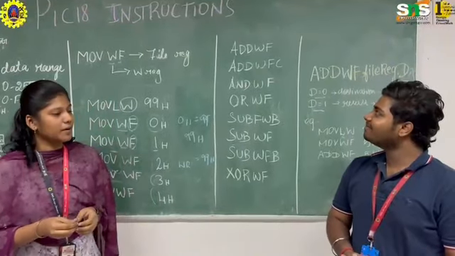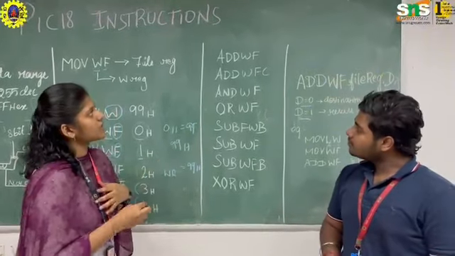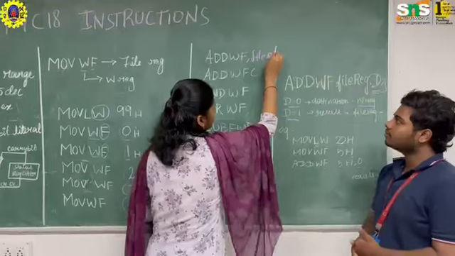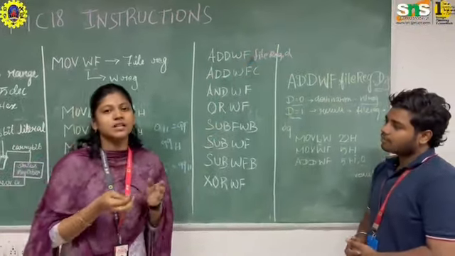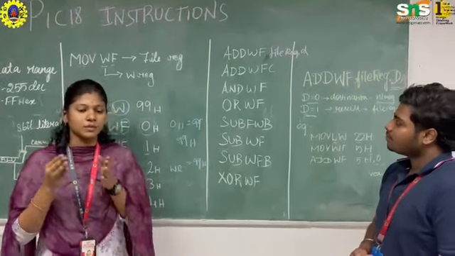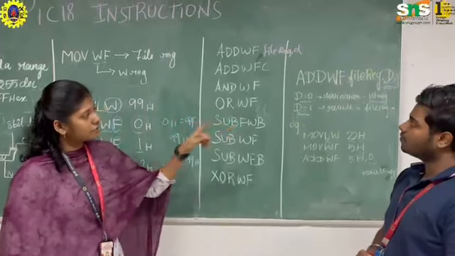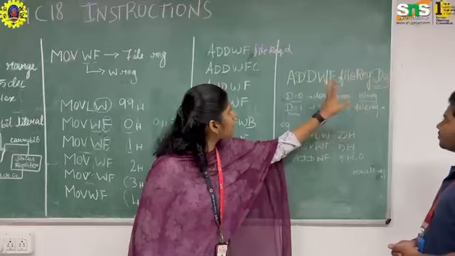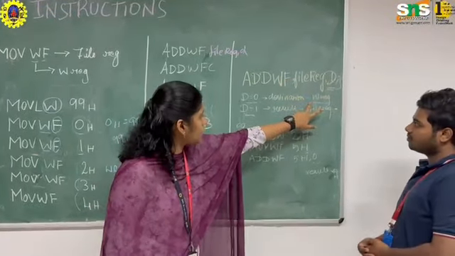So now we have seen the arithmetic logic unit instructions. The first instruction is ADDWF file register, D. The value of the W register and the value of the file register are added. If D is equal to 0, the result of the addition is stored in the W register.